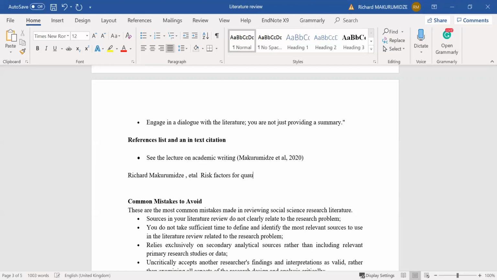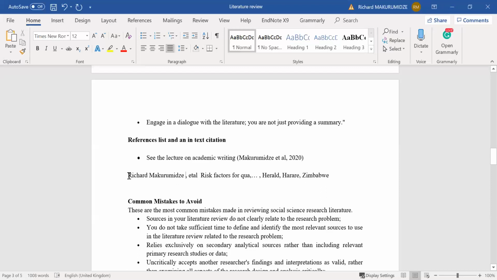Then it was published in a newspaper, the Herald, in Harare, Zimbabwe. So remember, you are citing as you write.